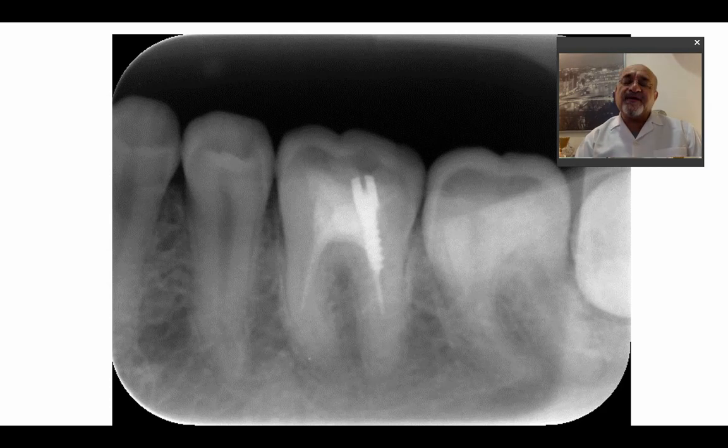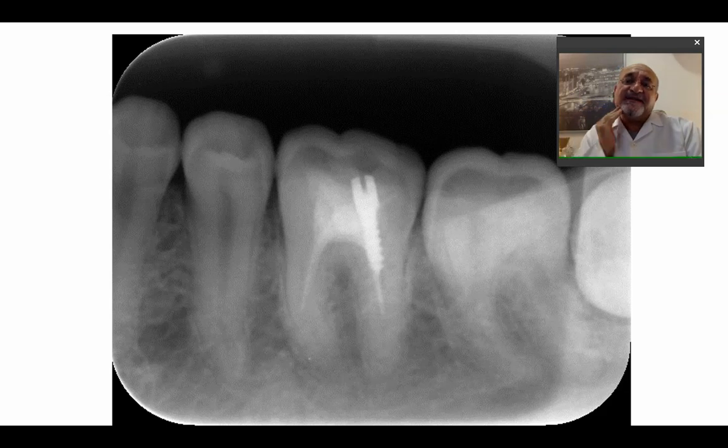The position of the mental foramen, plus the anatomical position, is more or less affected by the direction of the beam. If you come from down, the mental foramen position will shift up. If you come from top, it goes down, because the teeth will be elongated.